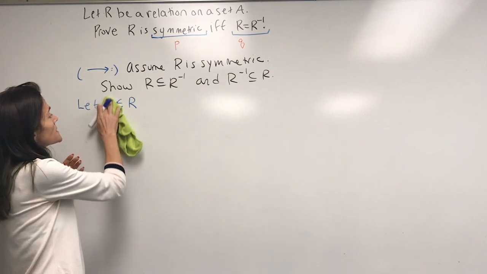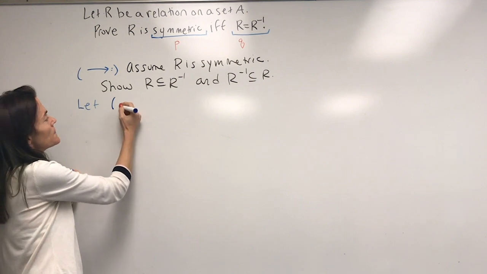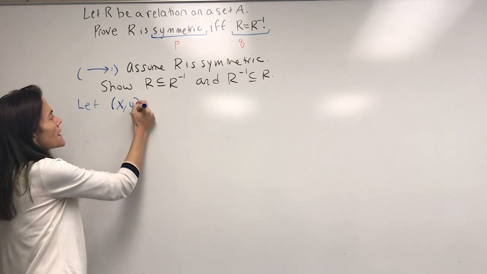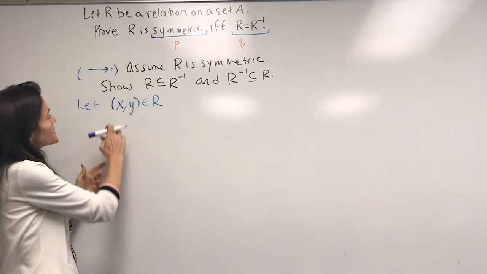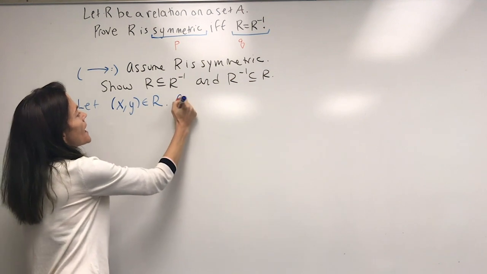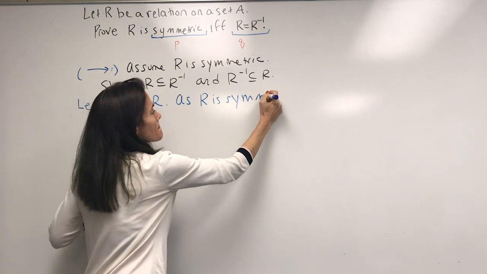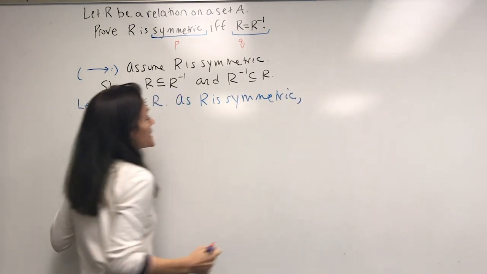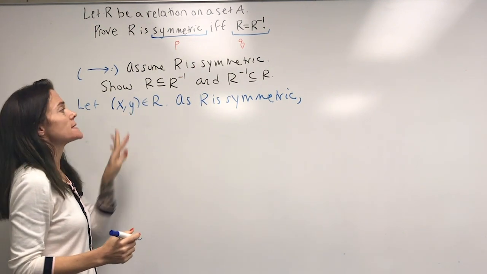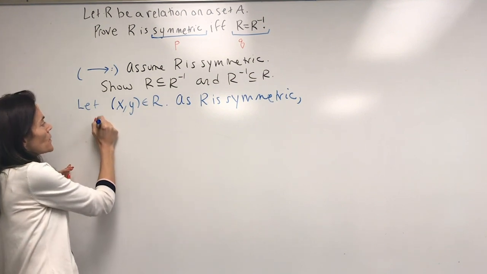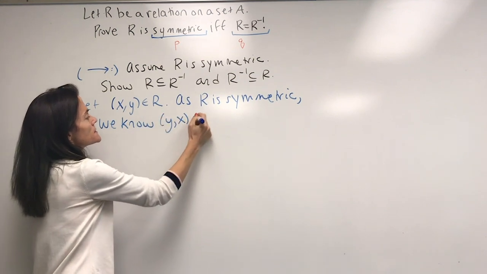So instead of just taking some x, I can write it as x comma y in R, where x is in A and y is also in A. So I take an element in R. As R is symmetric, the meaning of symmetric is if you have a pair like this, then you flip it, y x is also in the relation. We have that y x is in R.